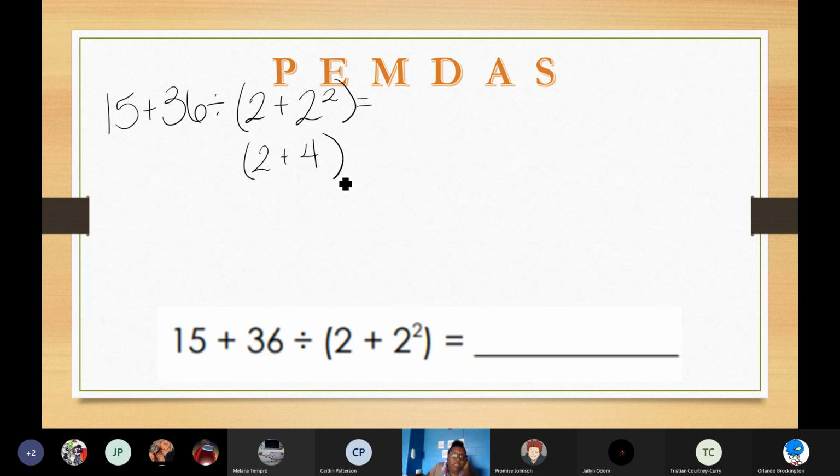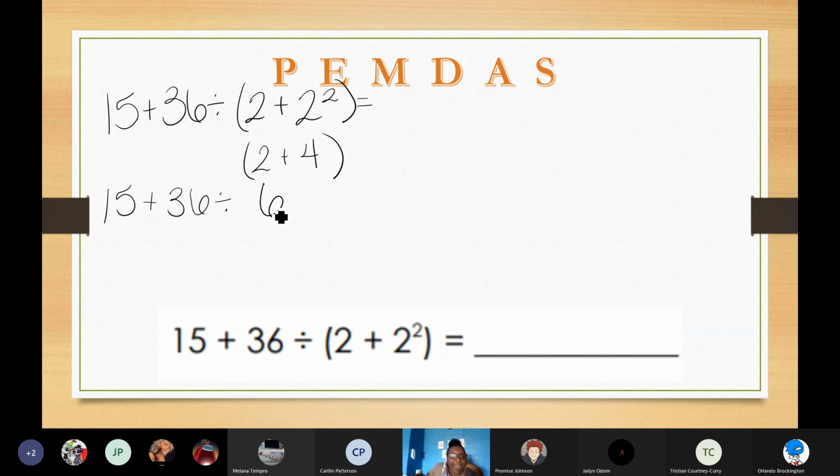So we now have 15 plus 36 divided by, what's 2 plus 4? 6. So now we've done everything inside of those parentheses, and the parentheses are now gone.